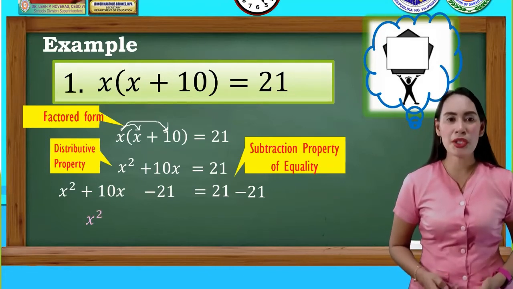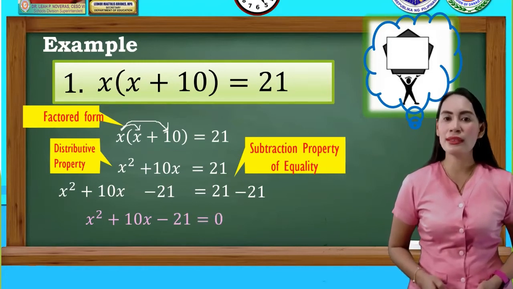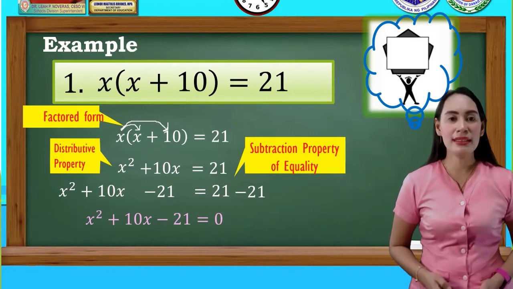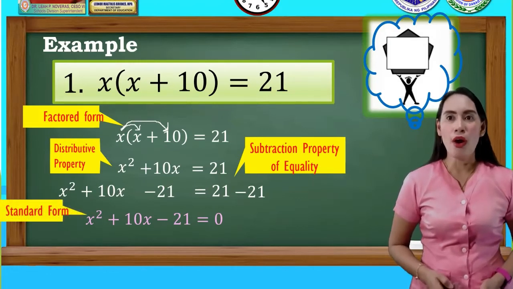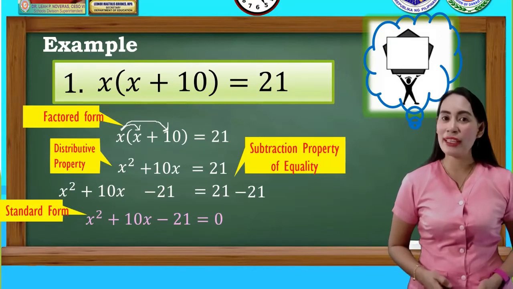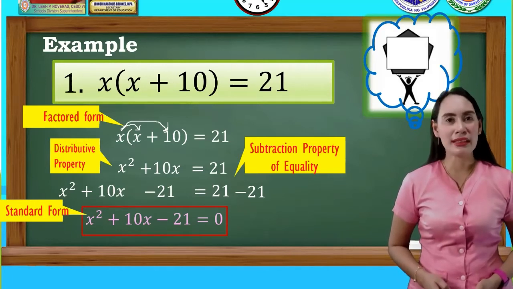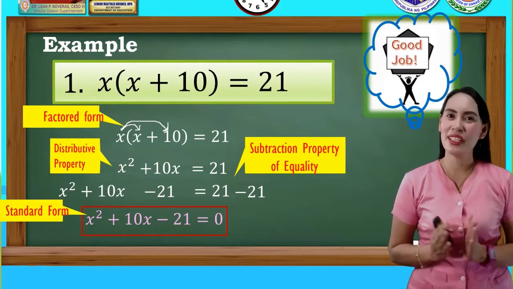Thus, the equation becomes x squared plus 10x minus 21 equals 0. Hence, the standard form of the equation x times the quantity of x plus 10 equals 21 is x squared plus 10x minus 21 equals 0. Okay, good job!